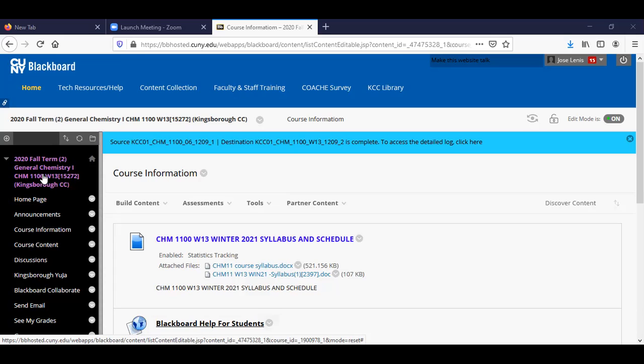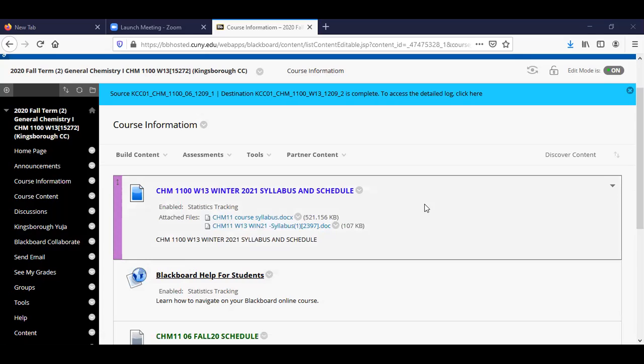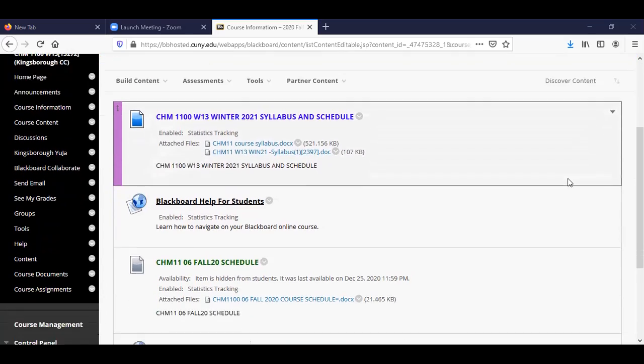Right now, I have open only W13 that will cover everything related with the course, basically the lecture. The other one will cover only the lab portion of the course. So I was saying that when you open this tab, the course information, you will have the syllabus. All right, I'm going to open it in a few minutes.